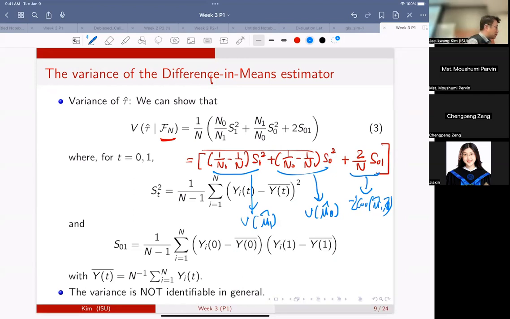Why should they be? There is no justification. So the variance is not identifiable in general, meaning you cannot really estimate it from the sample without making any strong assumptions. Okay.